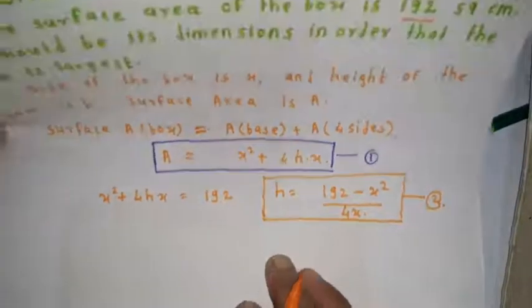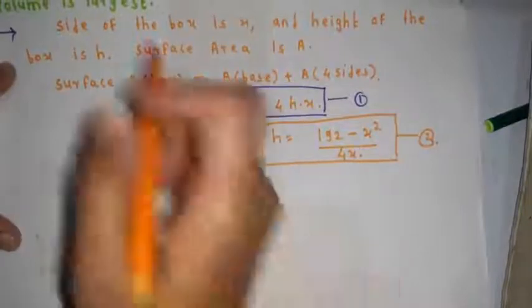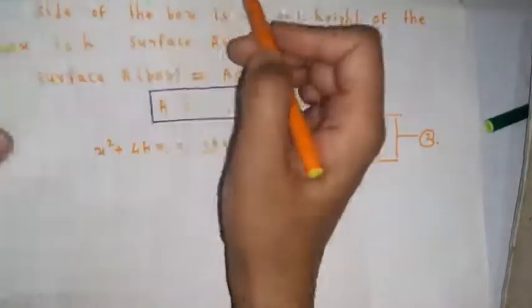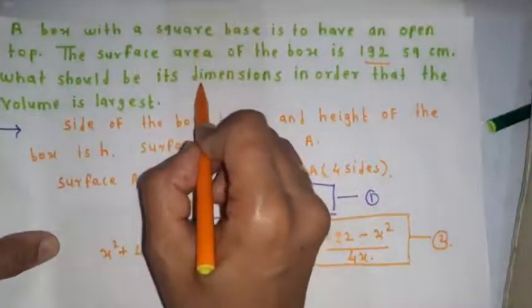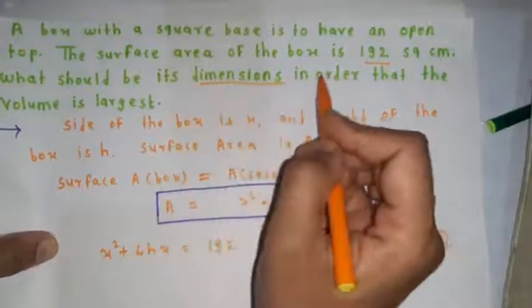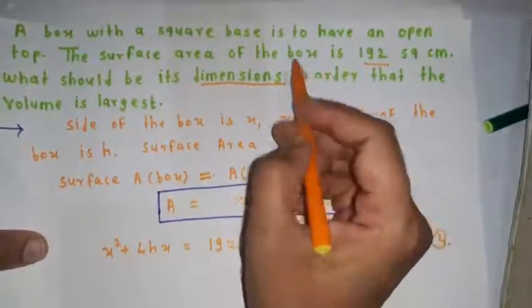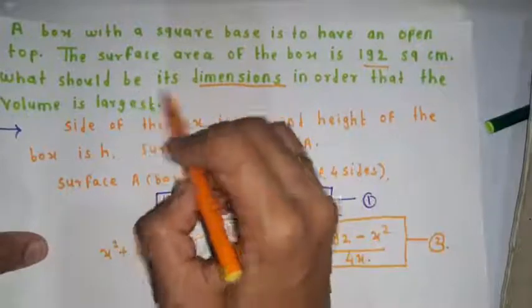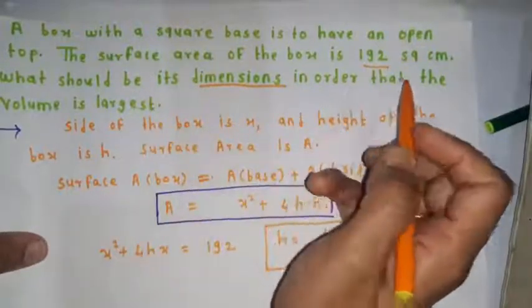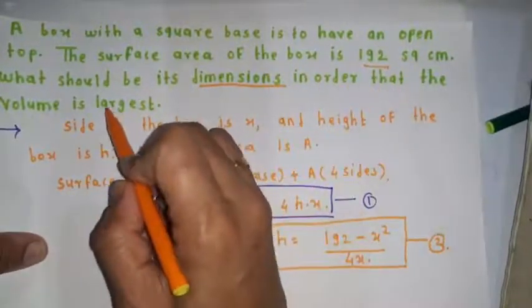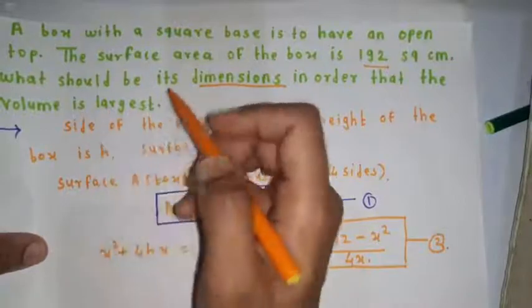Okay students, and now we have to find out the dimensions. First, read the problem carefully students, then we can solve the word problems. We have to find out the dimensions in order that volume is the largest. Now also we require the volume.